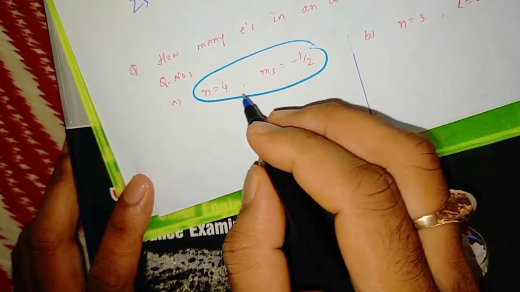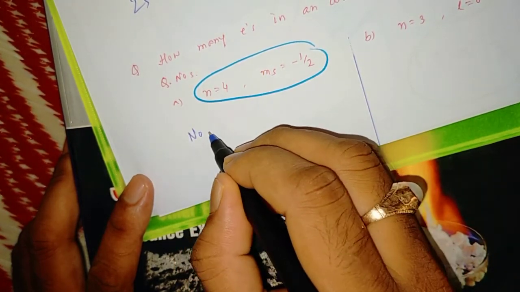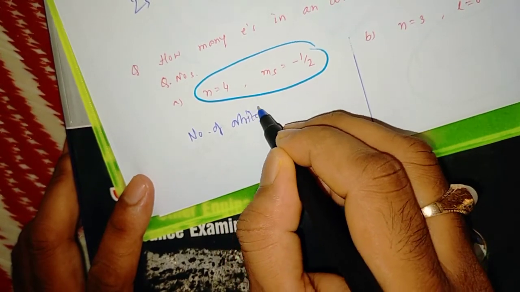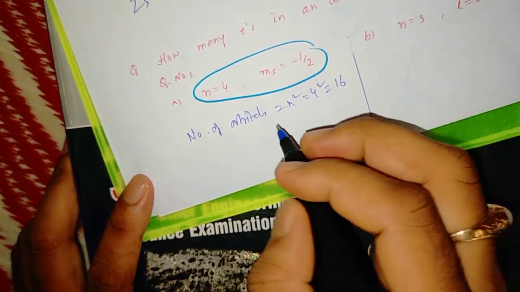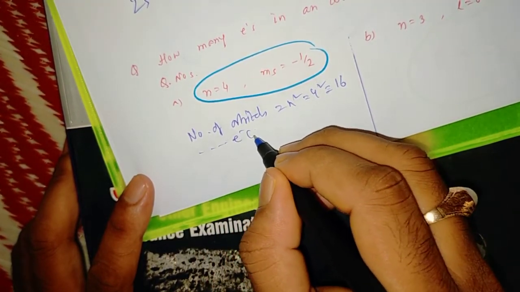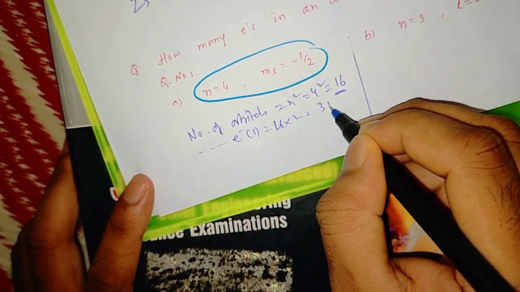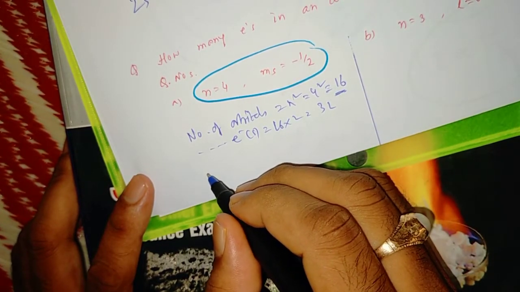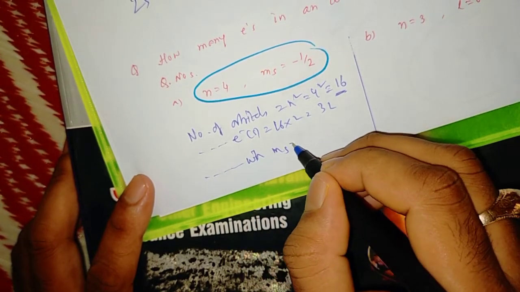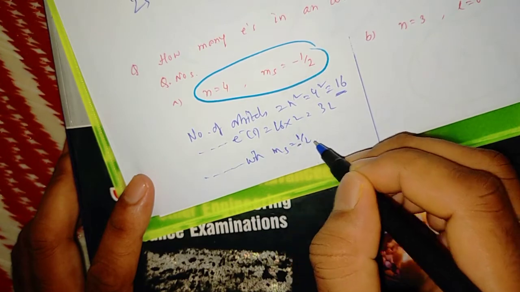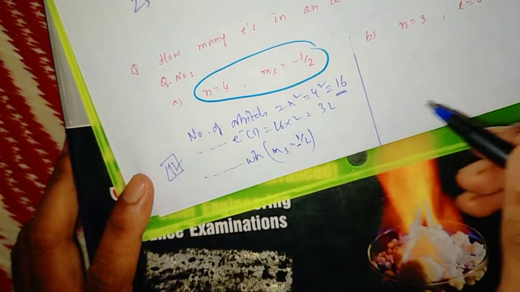Number of orbitals equals n square equals 4 square equals 16. With 16 boxes, the number of electrons is 16 into 2, which is 32. Now the number of electrons with spin equal to -1/2: out of all these boxes, if one is +1/2, then the other is -1/2.